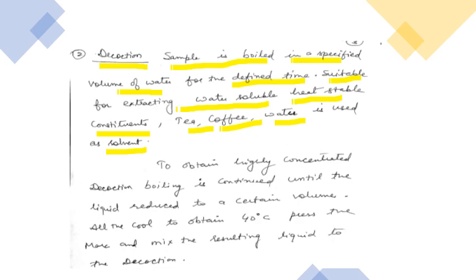We can easily understand the decoction method as we prepare tea and coffee using water as a solvent or menstruum at home. So that is an example of decoction. We boil the tea in a defined volume of water, and we have a tea according to our taste. If we want a highly concentrated extract, we can go for highly concentrated decoction boiling.